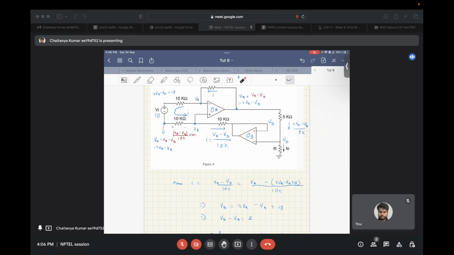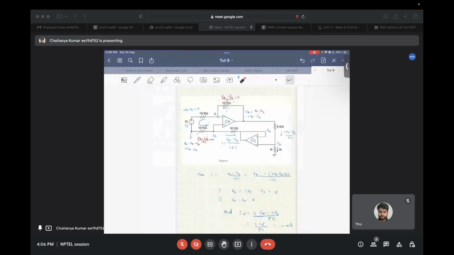Voltage controlled current source. Whatever voltage you give, that voltage is converted into output current I naught, and that won't depend on this resistance R. And this is one of the realizations of an ideal voltage controlled current source.